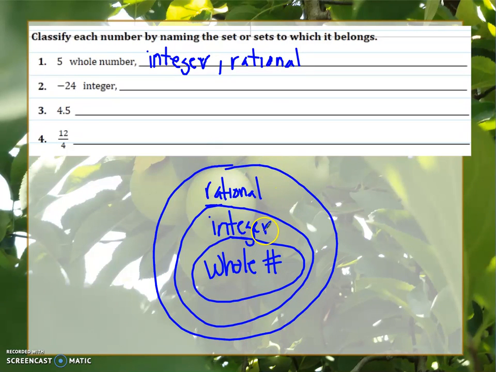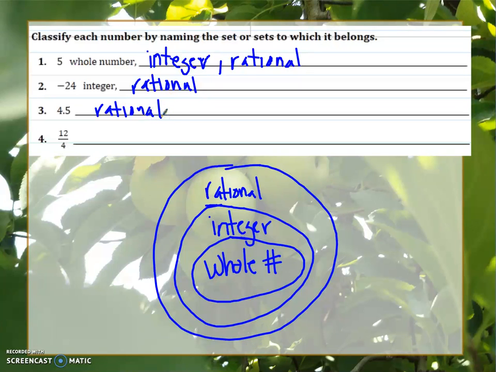So 5 is whole, integer, rational. Negative 24 is an integer and a rational. 4 and 5/10. That is just a rational and only a rational.